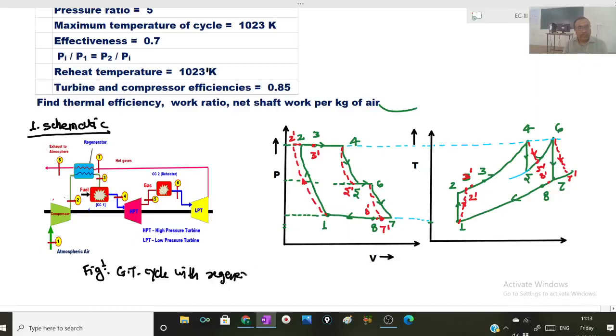So this is for your illustration purpose. Every time you need not draw this schematic while solving the numerical problems. And corresponding processes are also shown on PV and TS chart.